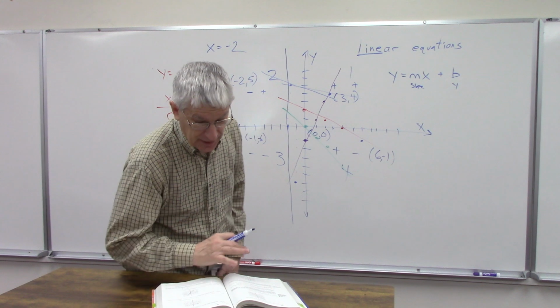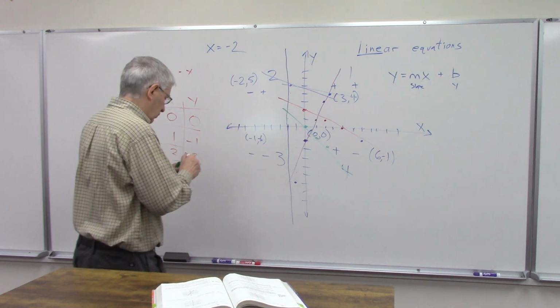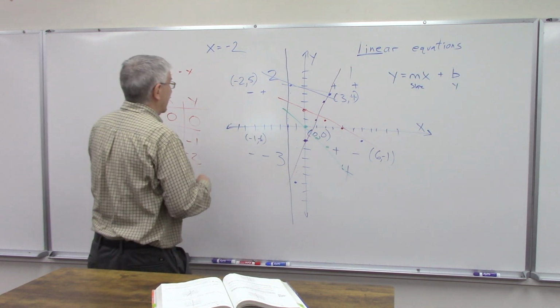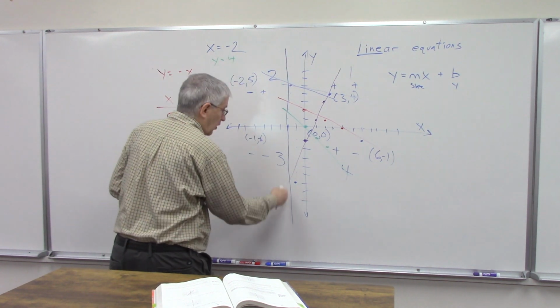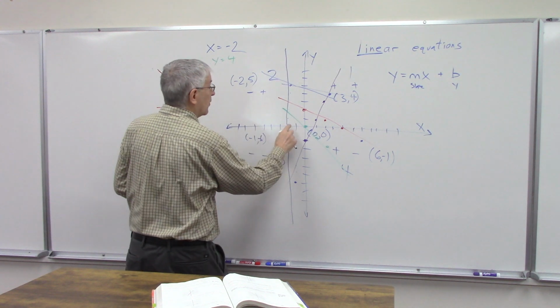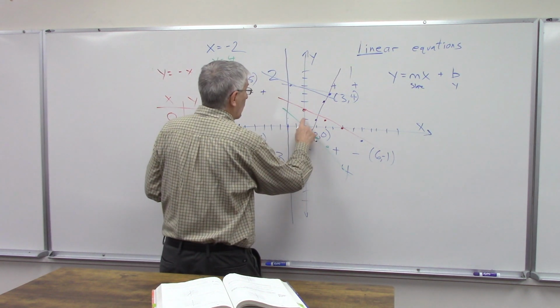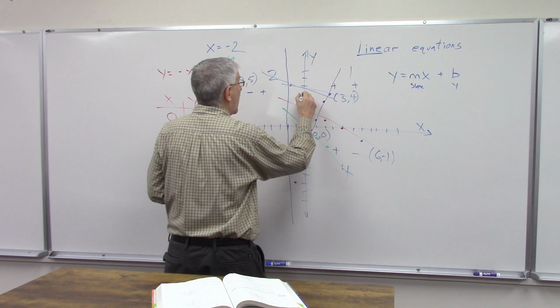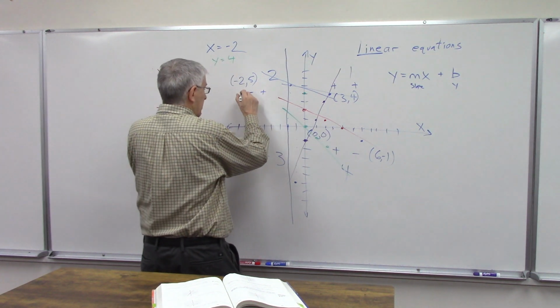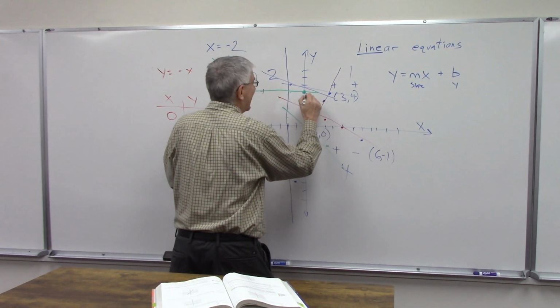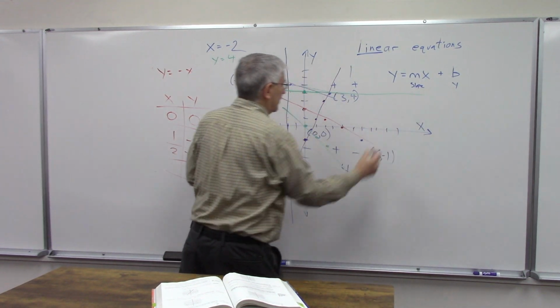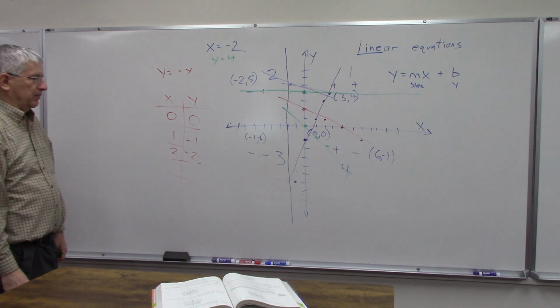Then you'll have at the top of the next page y equals 4. Again, this is our y-axis. 1, 2, 3, 4. Y is 4. So that means x is every possibility.